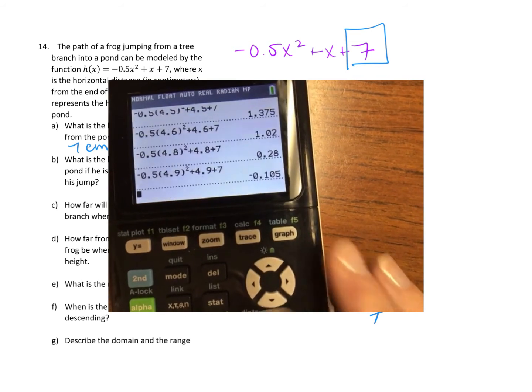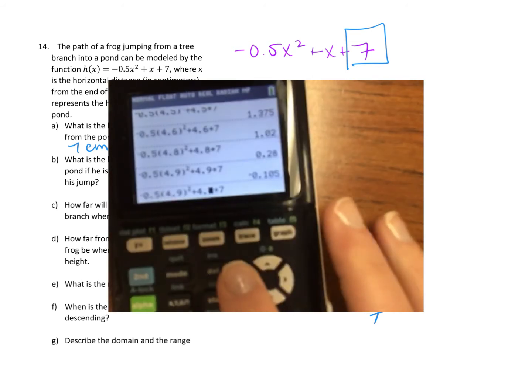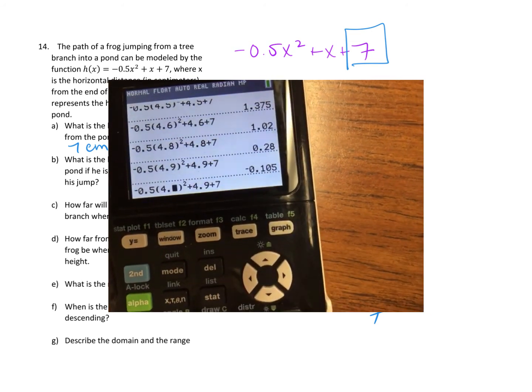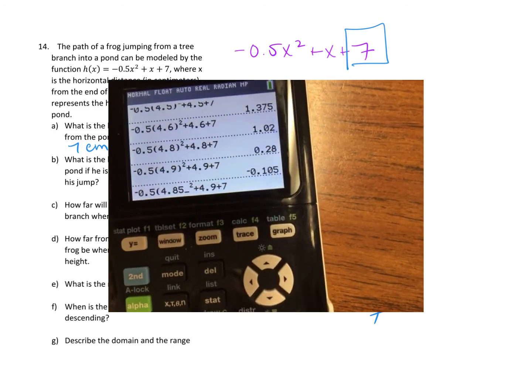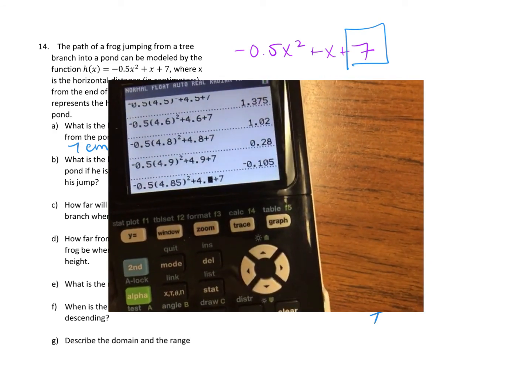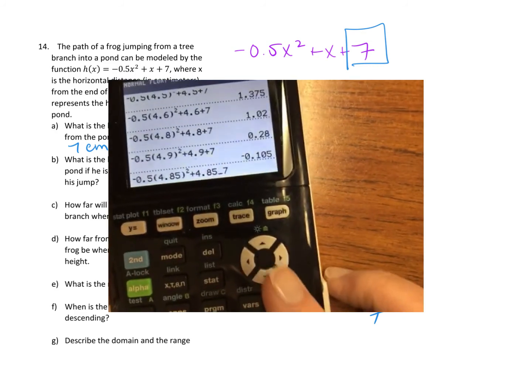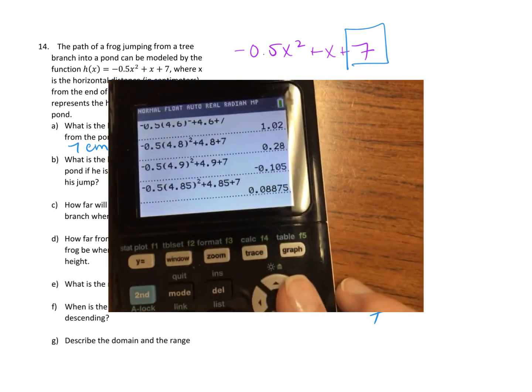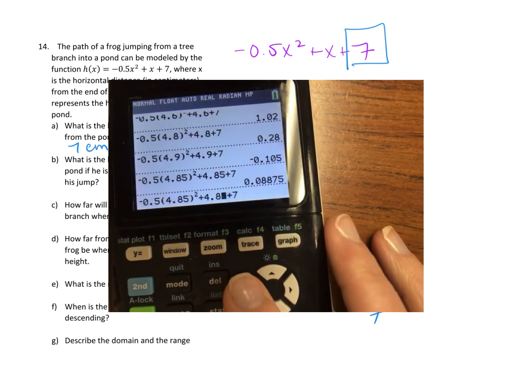So we're going to go back and we're going to insert 4.85. See if we can get closer. That's pretty close to 0. Let's try 4.86.